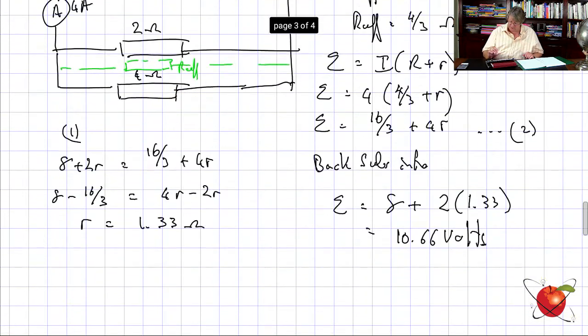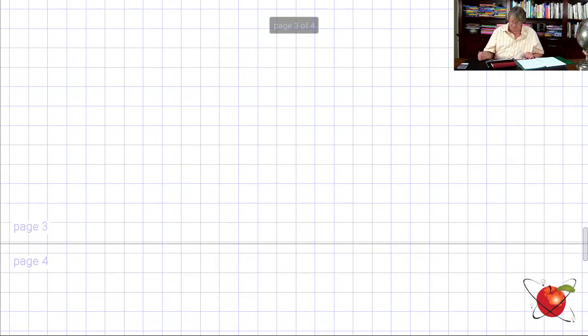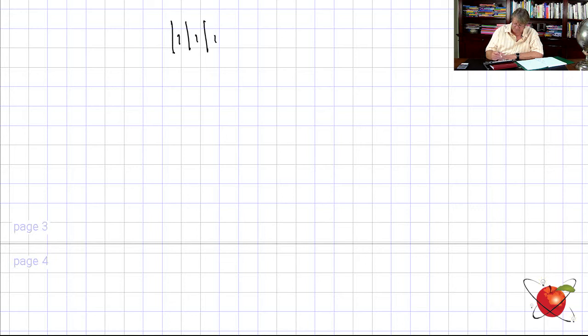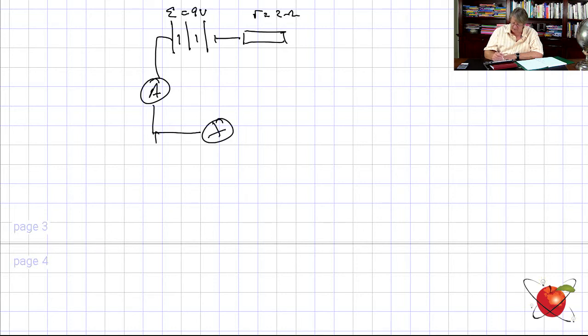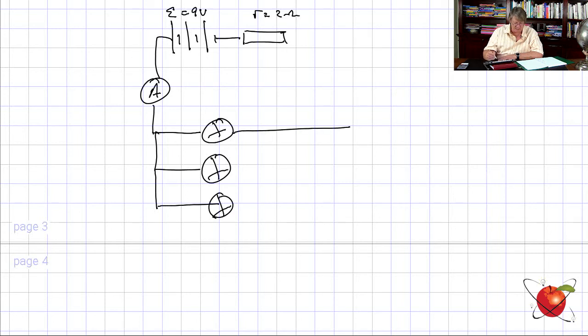All right. The next one is another example, is the following. They've given us a circuit over here, and they've told us that I've got the following. And I'm just drawing a number of cells there, and they've said EMF is equal to 9 volts, R is equal to 2 ohms, and down here we have got an ammeter, and inside here they have given us 3 identical bulbs.